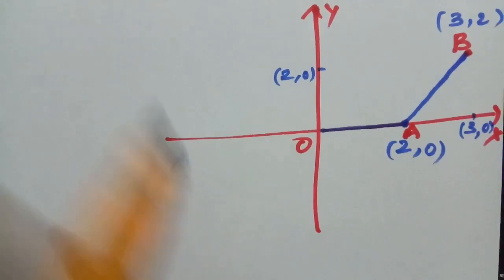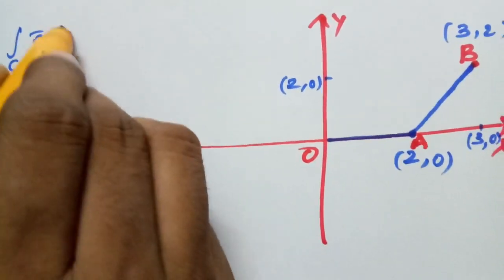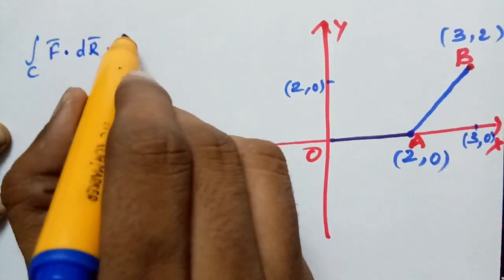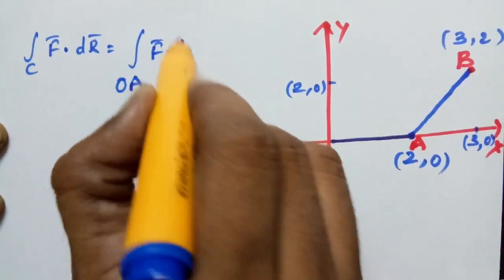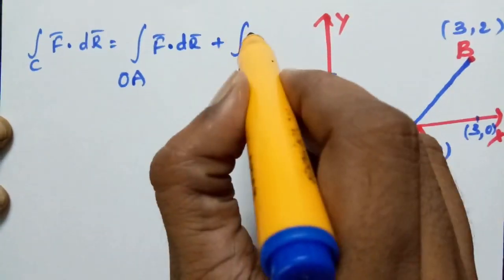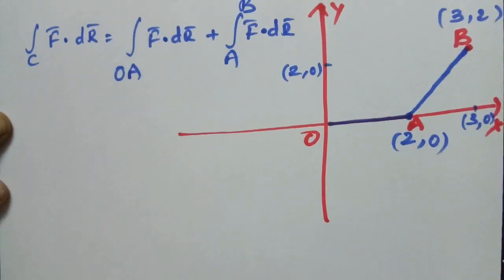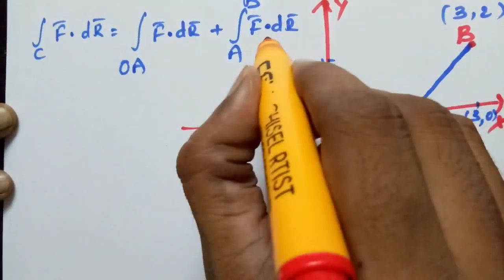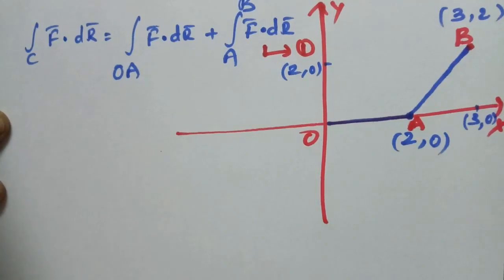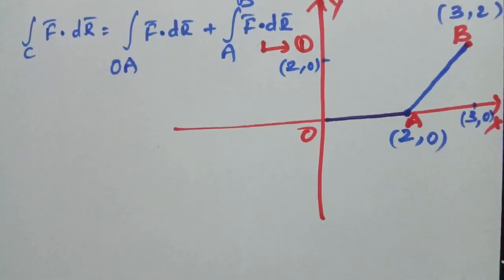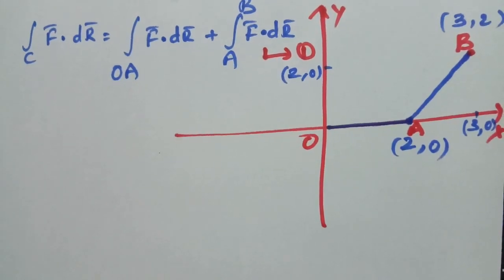Therefore, the integration over C of f bar dot dr bar, our curve consists of two parts: one is the straight line OA plus another straight line A to B. Therefore, we have to find the two line integrations along OA and along AB, and then add these two, we get the resultant integration along the curve C. Therefore, first we have to find the line integration along OA.